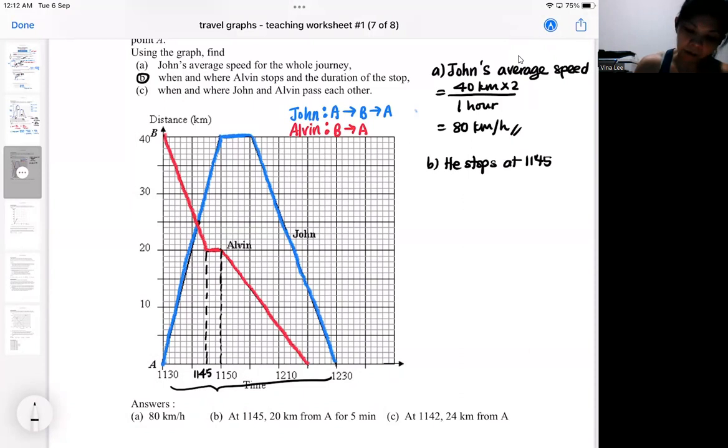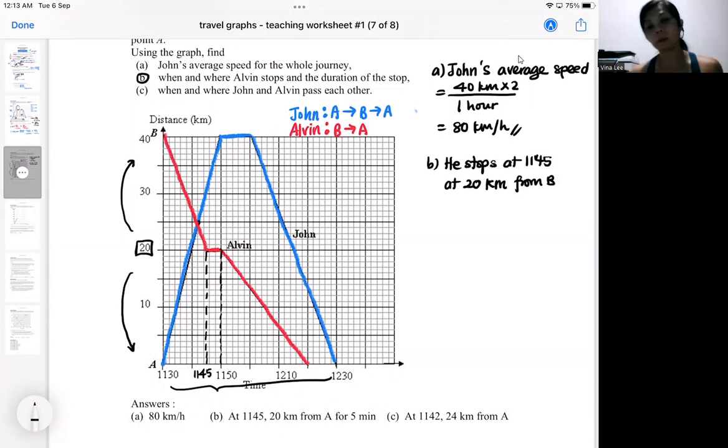He stopped at 11:45 at 20 kilometers from B. He started from B. Or, because it happens that this is the same point, either you mention it is from A or from B. It doesn't matter whether you mention how far it is from A or B. You just have to state a reference point. And for how long? The duration is 5 minutes.